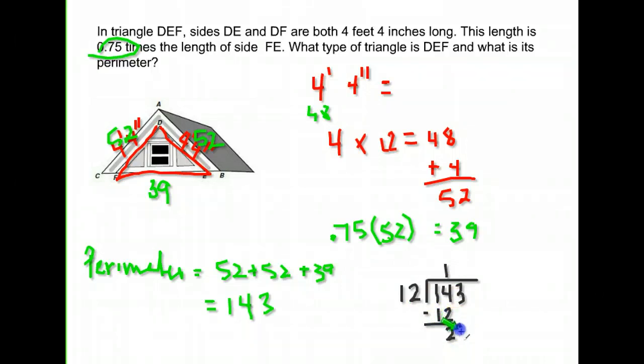Subtract to get 2, bring down the 3. 12 goes into 23 one time with the remainder of 11. So it went in 11 times, so that means we have 11 feet. And the remainder, the part left over, was also 11, so 11 inches.